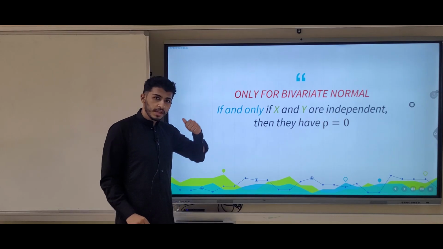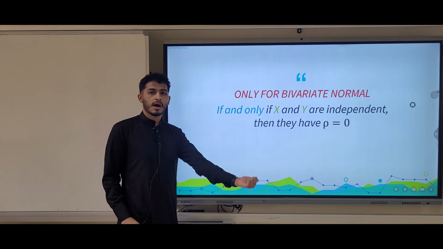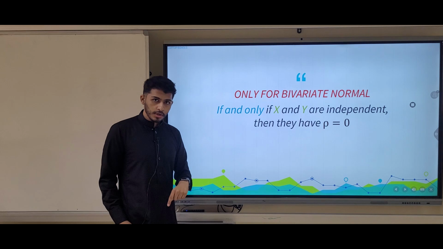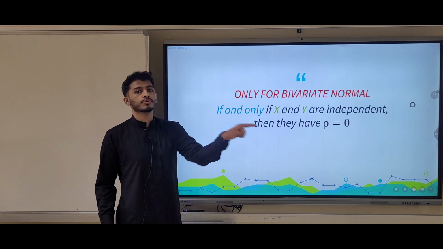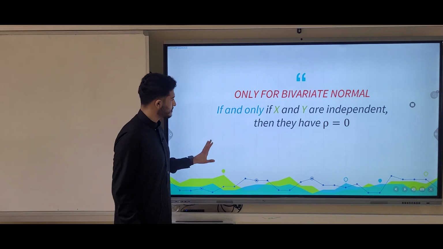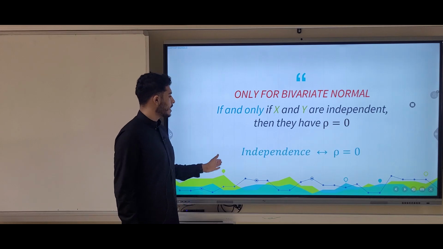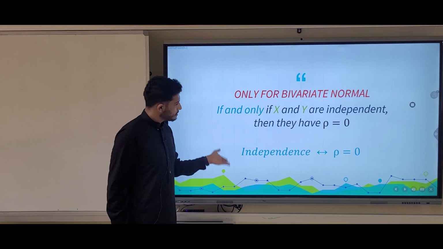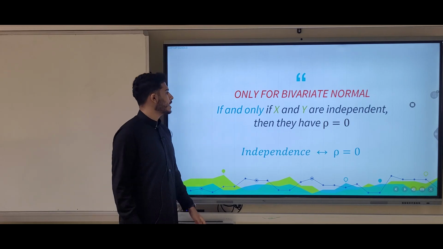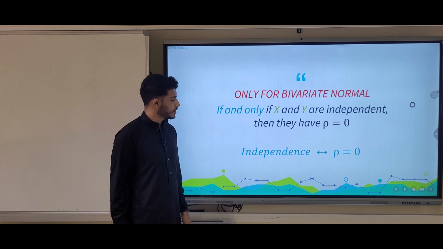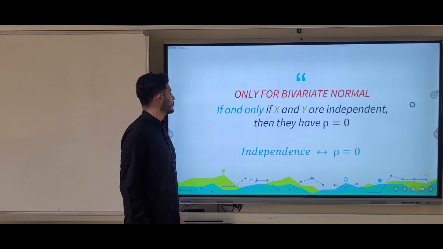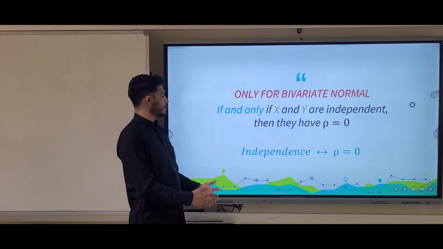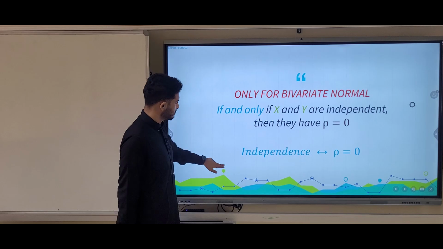If you have independence, then you have zero correlation. And in turn, if you have zero correlation, then you know for sure that you have independence. So this is a special case for the bivariate normal. If you're into logical propositions, independence and zero correlation for the bivariate normal distribution have an if and only if relationship between them.